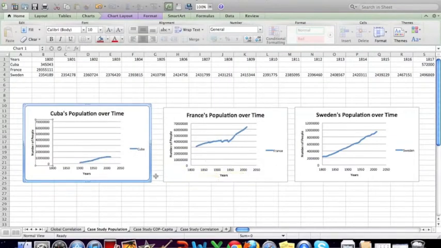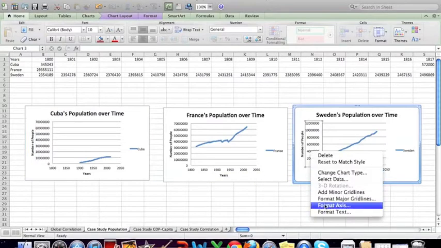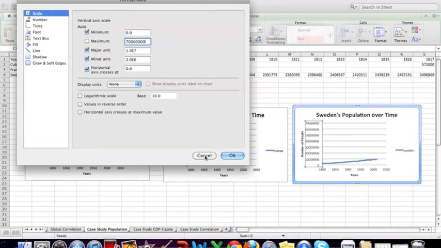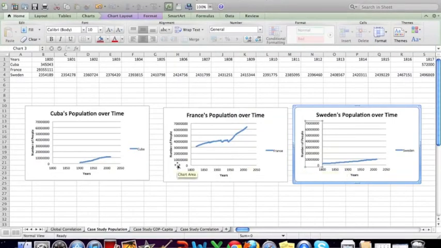And now you can see, just glancing at these two graphs, clearly how big the gap is between France's and Cuba's population. Okay, again, changing Sweden's axis. All right. And again, now we can compare these just by glancing at them.